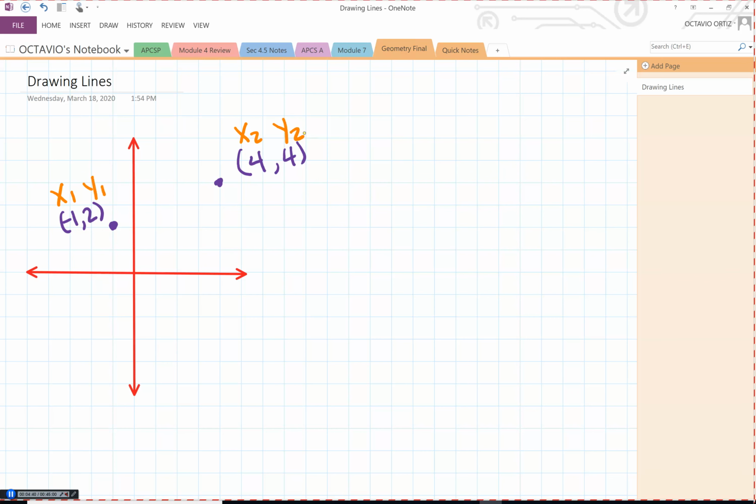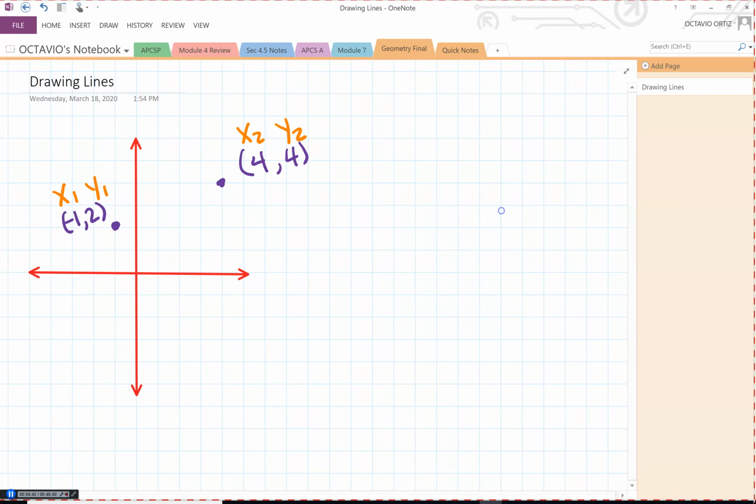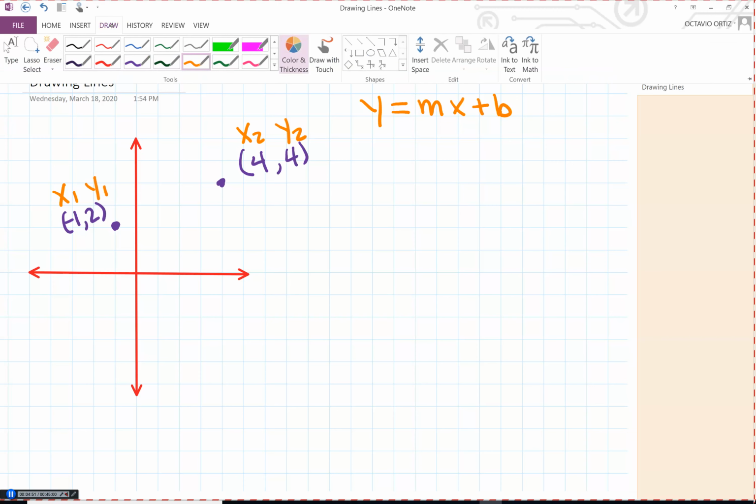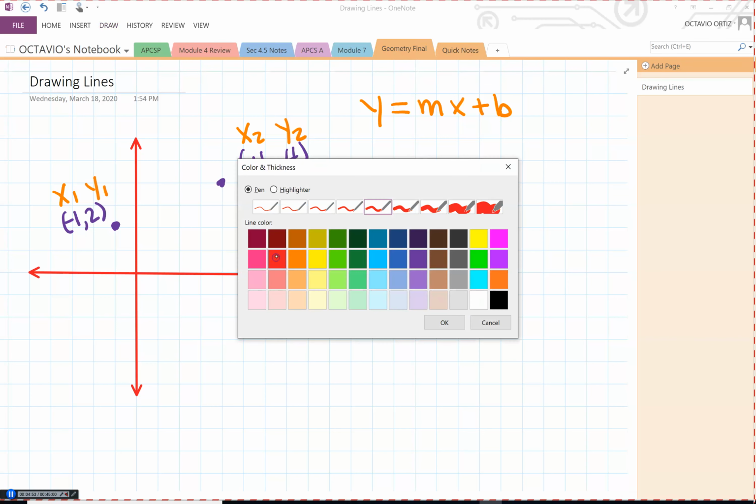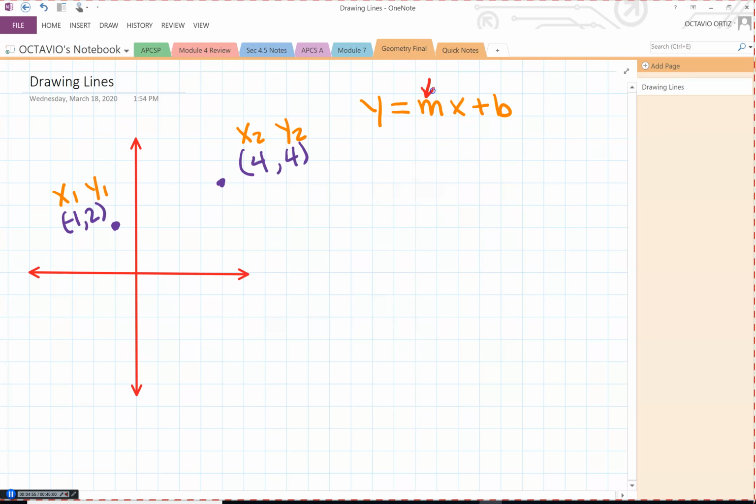Now the first thing we want to do is get the equation of the line. And the equation of the line is y equals mx plus b. Recall that m is the slope, and b is the y-intercept, like that.